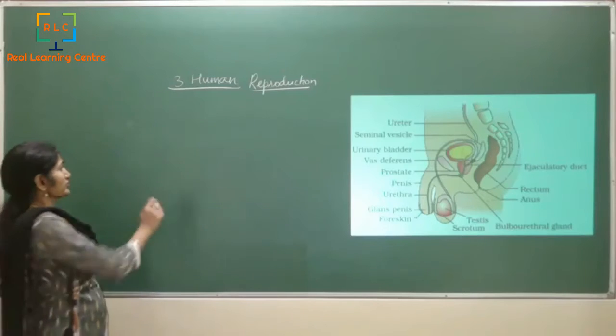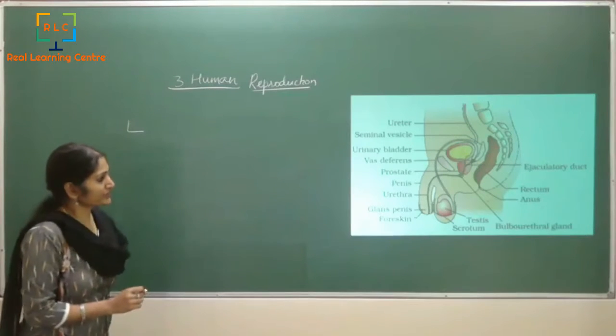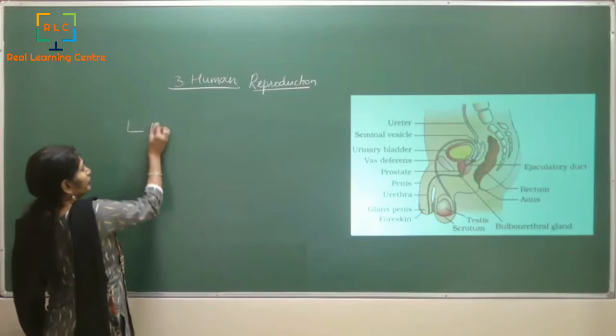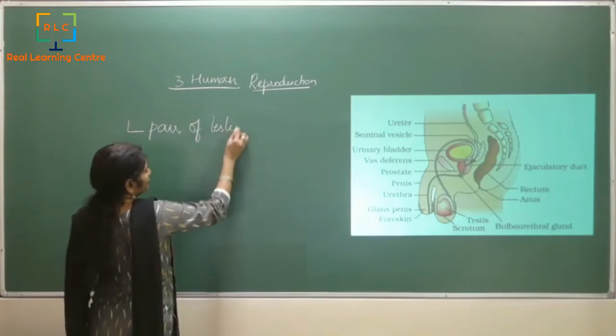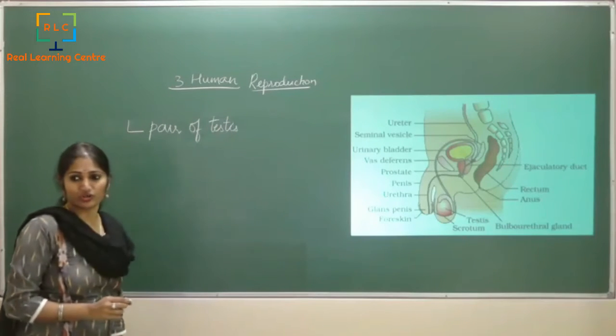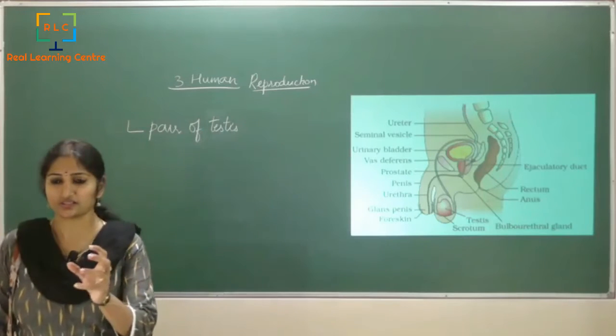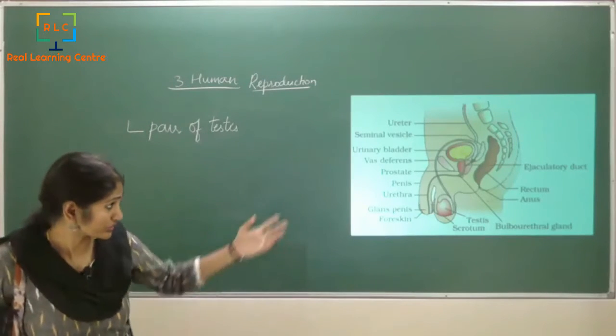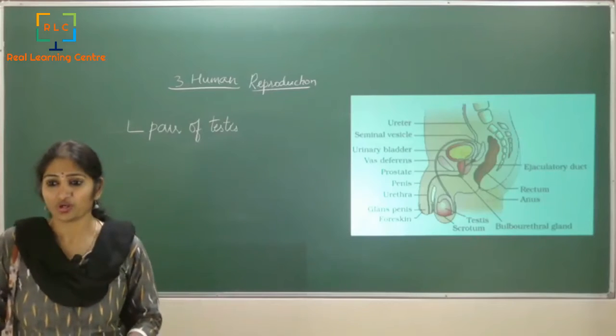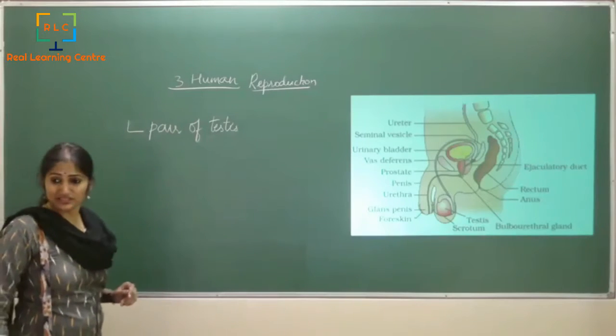Okay, the first and the foremost thing that it has is a pair of testes. Okay, testis is a very important organ. We will get to know more about that once we go in detail. Okay, so it has a pair of testes.